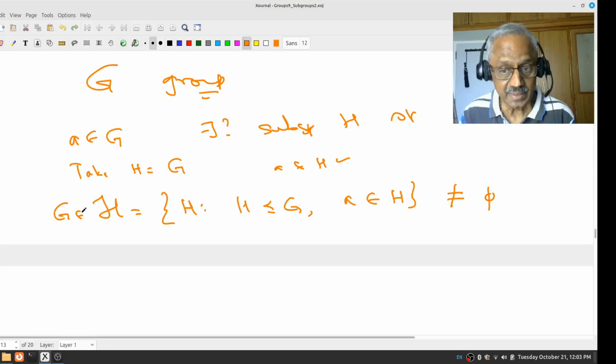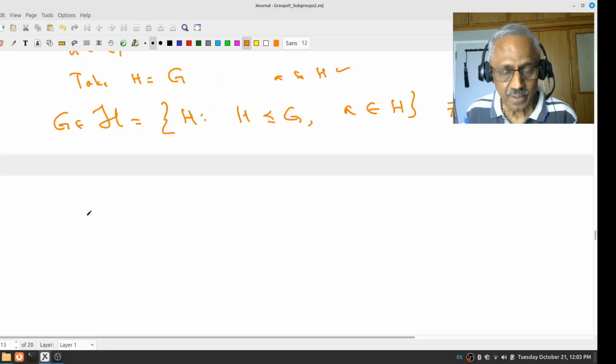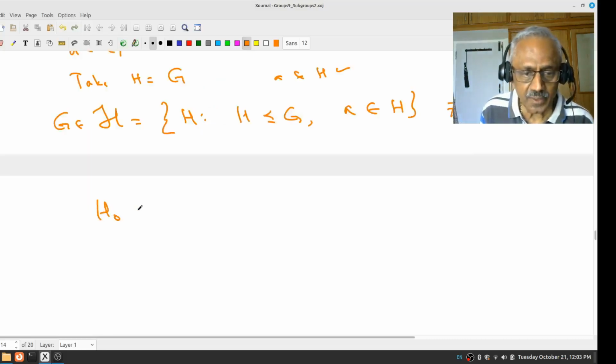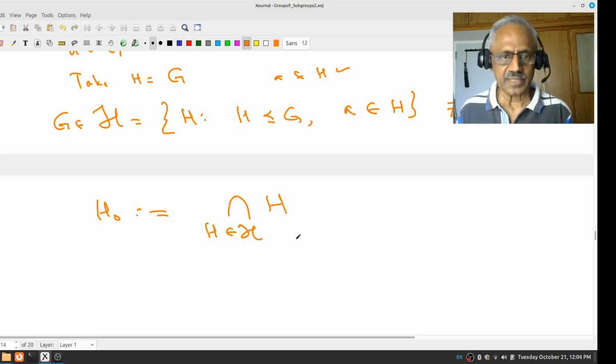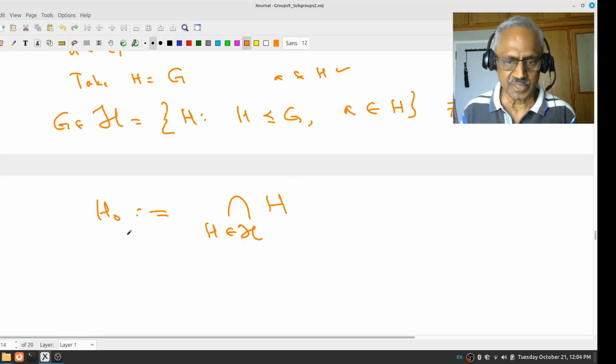Now let H naught be the intersection of H as H varies over script H. So try to understand, don't play with only symbols. Therefore, what is H naught? H naught is the intersection of all subgroups H so that A is an element of H. Just don't look at only the symbol.